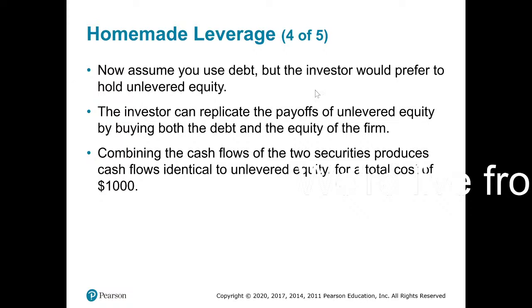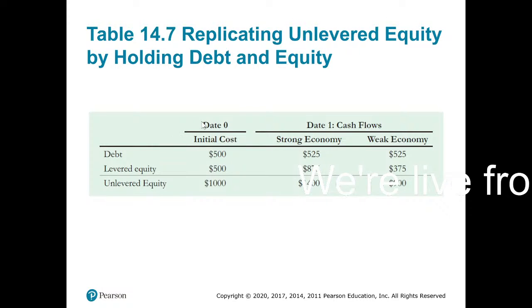Now assume you use debt and investors prefer to hold unlevered equity. And the investors can undo this leverage. Okay? See, here's what we have. So essentially, we can replicate unlevered equity by holding debt and equity.